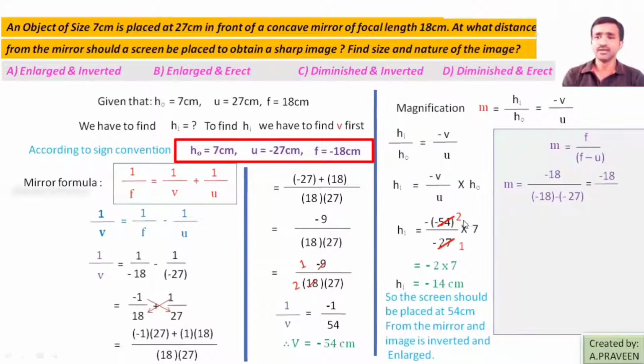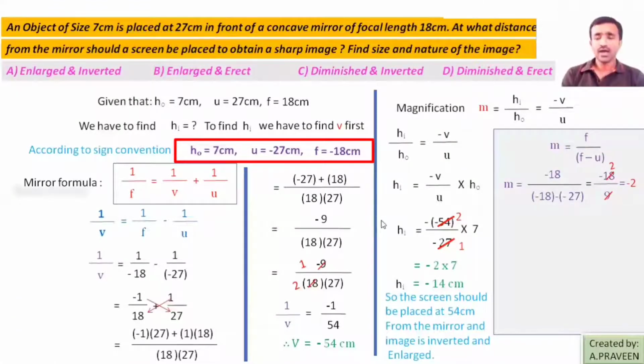In the denominator, you will get 9: minus into minus becomes plus, so plus 27 minus 18 becomes 9. Then let me cancel using the 9 table: 9 ones are 9 and 9 twos are 18. So it simply remains as minus 2. So I got minus 2 for the magnification M. M equal to minus 2.